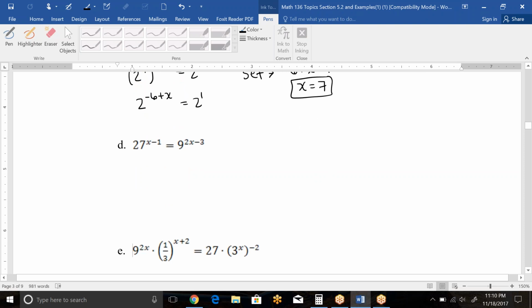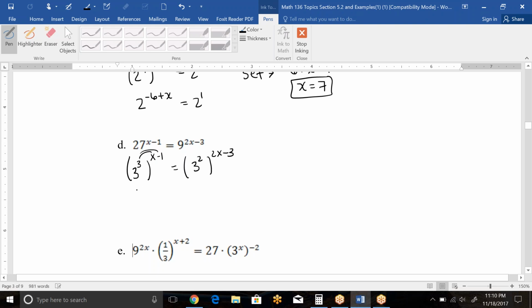Okay, this one, 9 and 27 are not the same base, and you cannot write 27 as 9 to anything, like easy. So 9 squared is 81, so that's already too big. But we can make both of them smaller, so keep your powers on the outside, by using the same base 3. This is 3 cubed, this one is 3 squared.